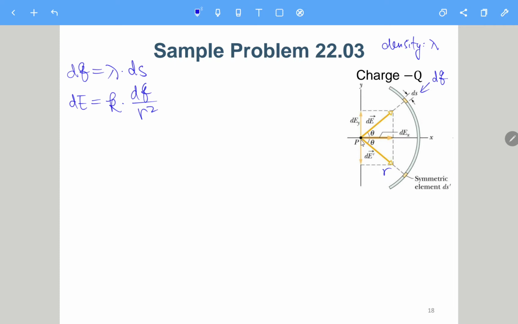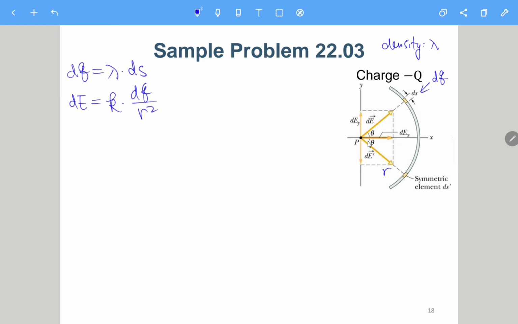So the distance from point P to ds and the distance from point P to ds prime will be the same, also r. So dE prime will have the same magnitude, but the direction is different. So dE points to the top right, and dE prime points to bottom right.